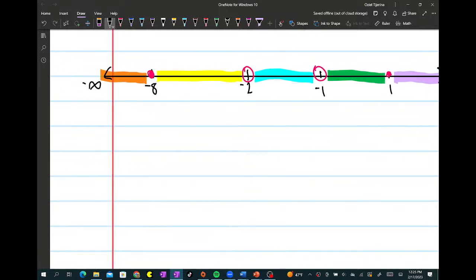So let me write those down. We obviously know that the intervals are the following. So the interval, let's do negative infinity to negative 8, and obviously negative 8 is included. The parentheses goes at negative infinity, right?